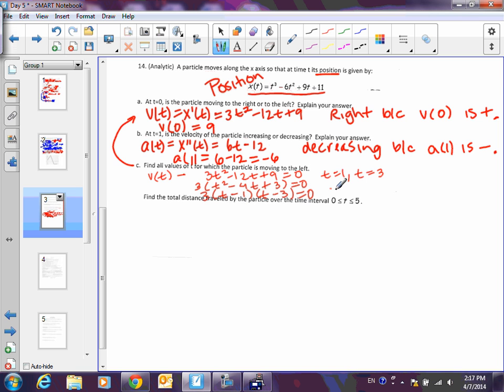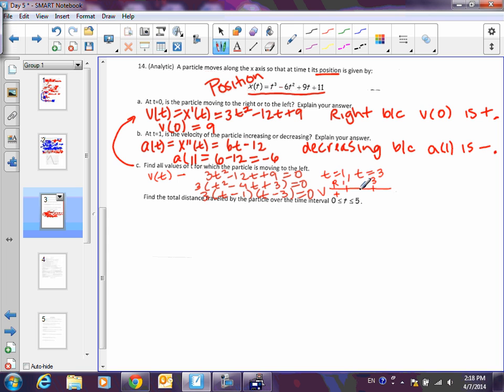And so I need to actually put these on a number line and test them. So we're plugging them into velocity. You take a number, plug it in, and see if it's positive or negative. So 0, if I plug 0 into velocity, we already answered that on A. Positive. Okay, that's plus, so this particle is moving to the right.